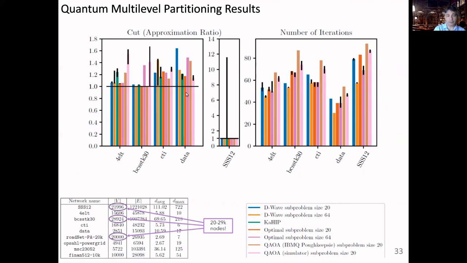The quality is a little bit worse than in the modularity case, but still we can reach quite acceptable quality, and the number of iterations is not that large.